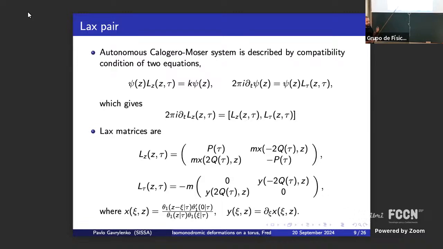So this x has a first order pole at 0 and a zero somewhere else, and because there are only two such points, it has a non-trivial phase when we continue along the B cycle. And it's periodic when we go in the direction of the A cycle.